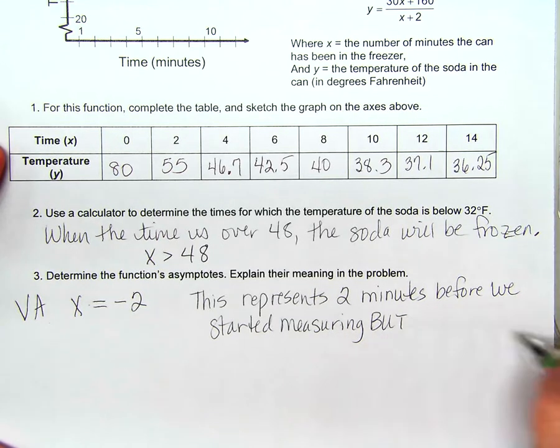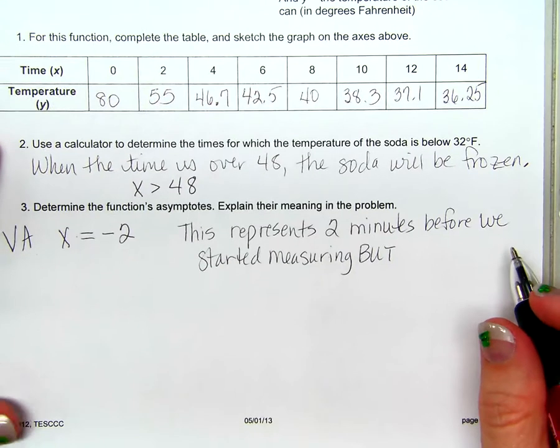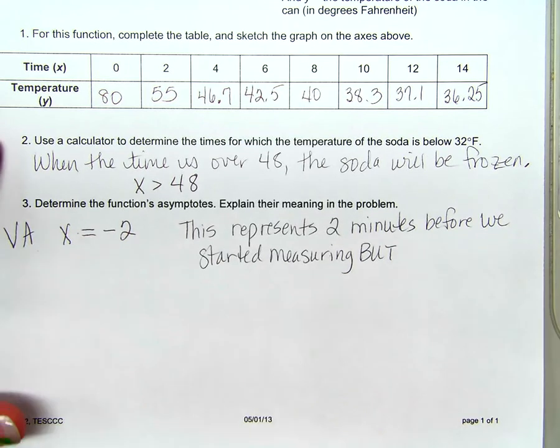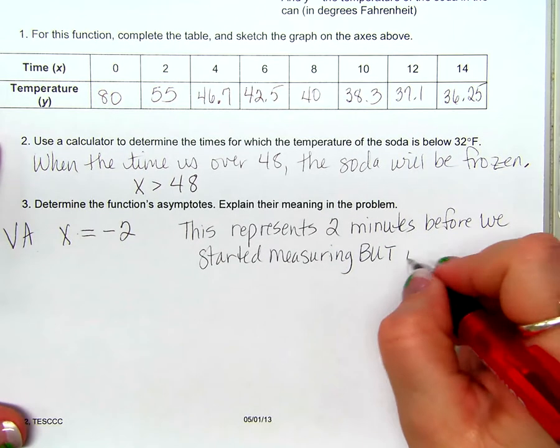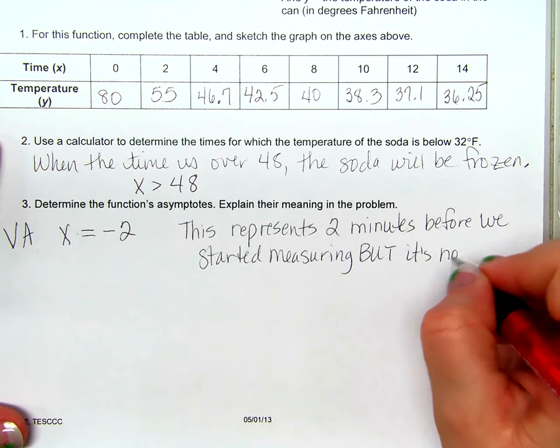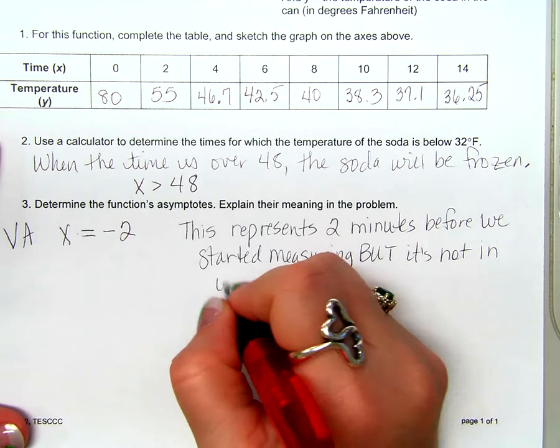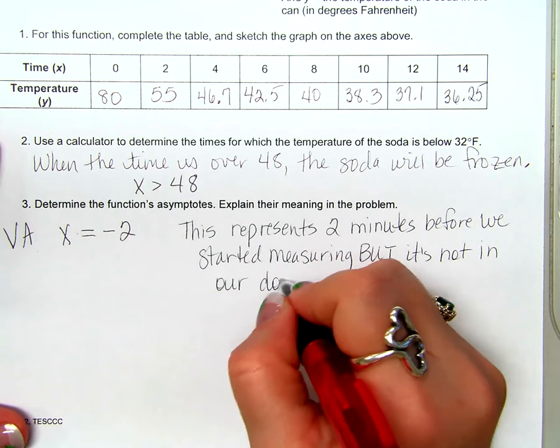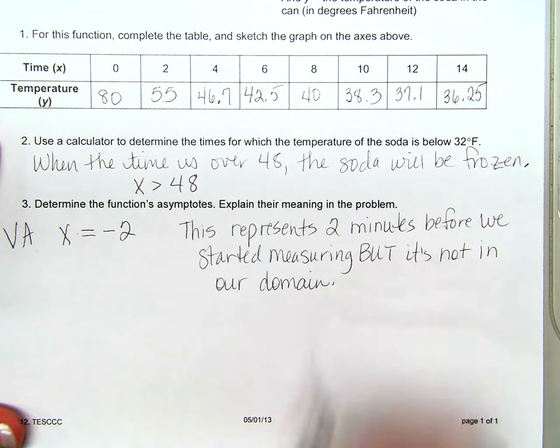But the nice way to say it, because we could say, but we don't care about this, but the nice way to say it is, it's not in our domain.